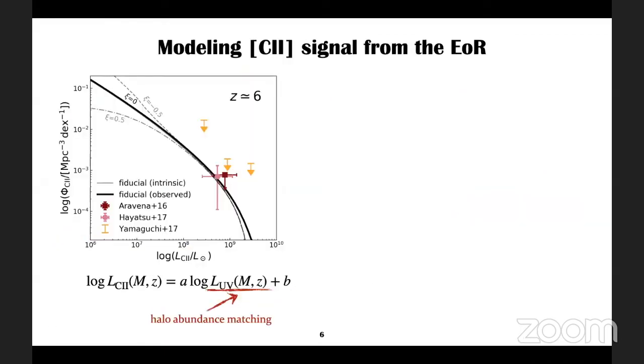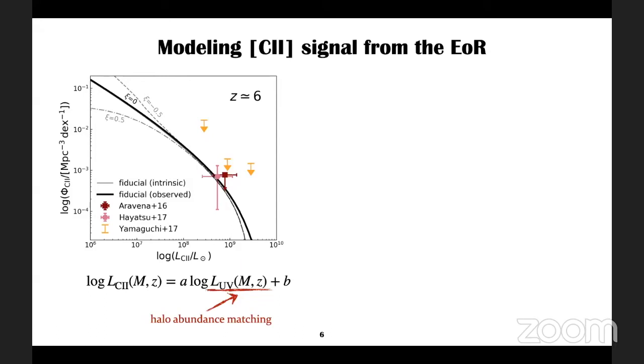In order to quantify how well TIME can inform us about reionization by mapping [CII] emission, we need a valid model that links high redshift [CII] emissivity to the reionization history. Specifically, our model is based on a simple linear relation between the [CII] luminosity and UV luminosity of galaxies on log scale, which is calibrated against available observational constraints on the [CII] luminosity function.